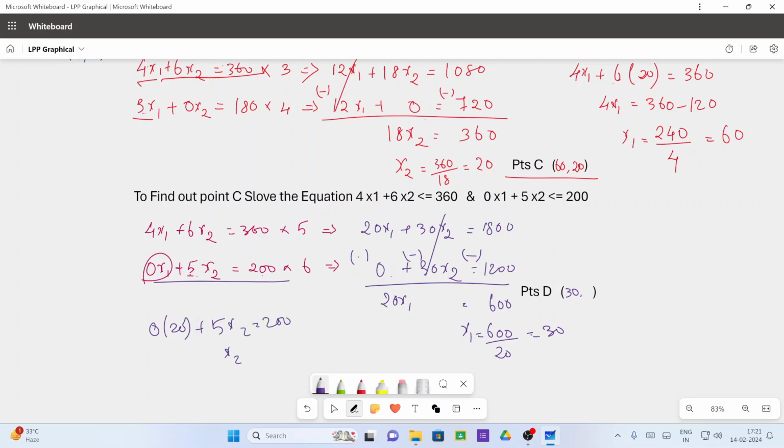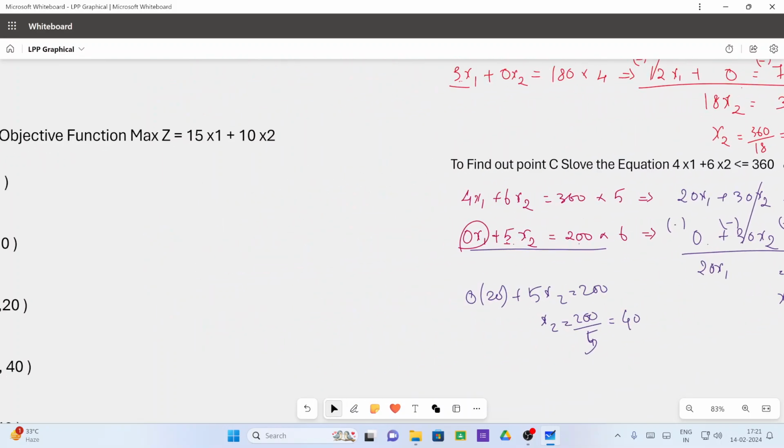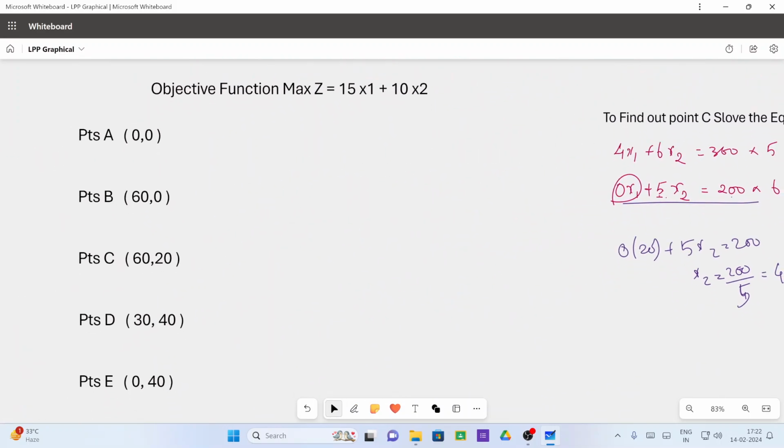So finally x2 equals 200 divided by 5, which is going to be 40. So x2 value is going to be 40. Now we found out point D as well as point C. So now all the points are here.